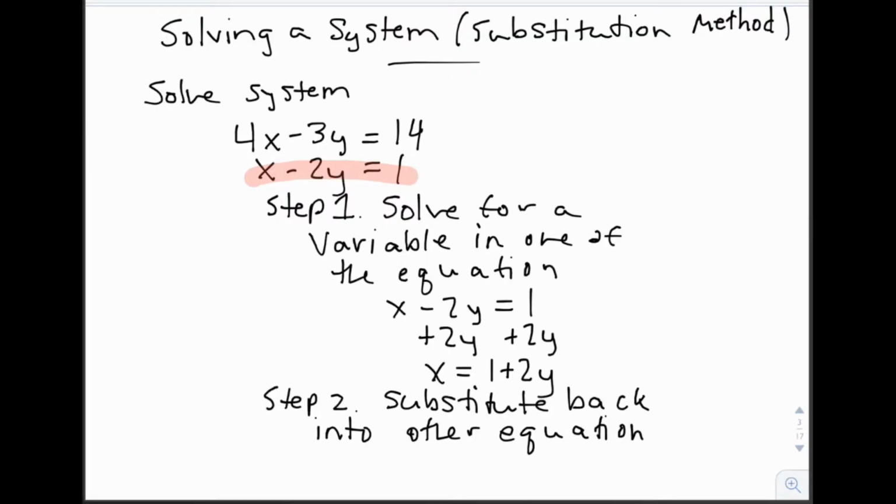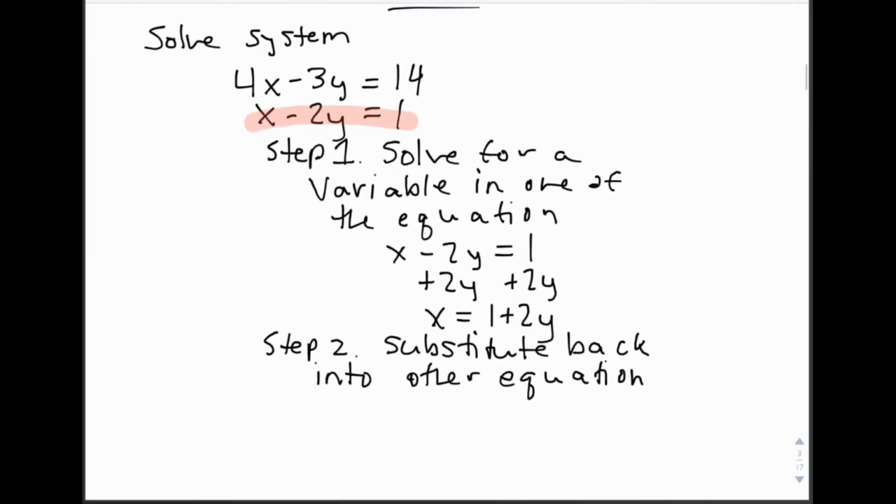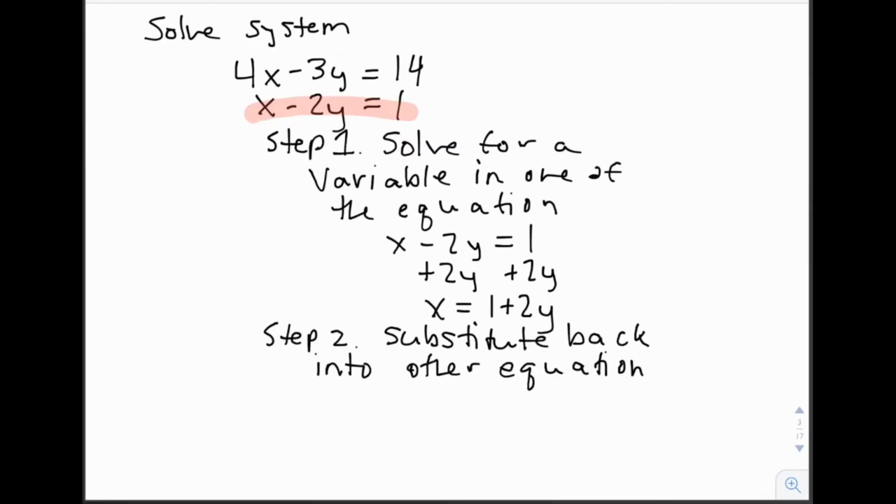Okay, so let's go ahead and do this. We're going to take x is equal to 1 plus 2y and put it back into the other equation, which is 4x minus 3y equal to 14. So that will give us a 4, and we said x is now equal to 1 plus 2y, so 4 times (1 plus 2y), and then finally minus 3y, and that's going to be equal to a positive 14.